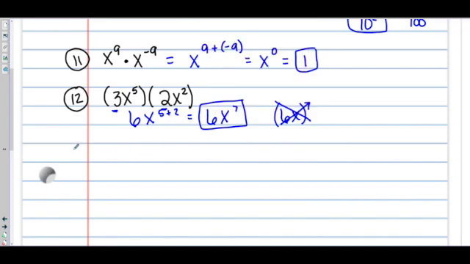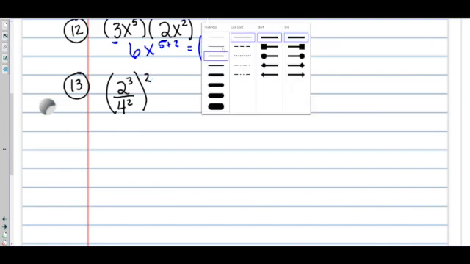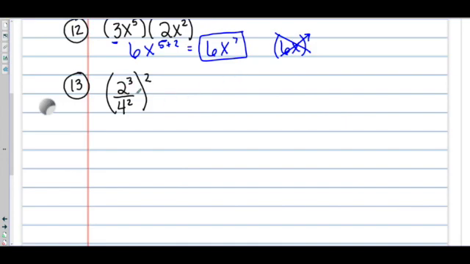Okay, number 13. Okay, so we have 2 to the 3rd power over 4 to the second power, and all of this is to the second power. So here what's happening is power to a power.